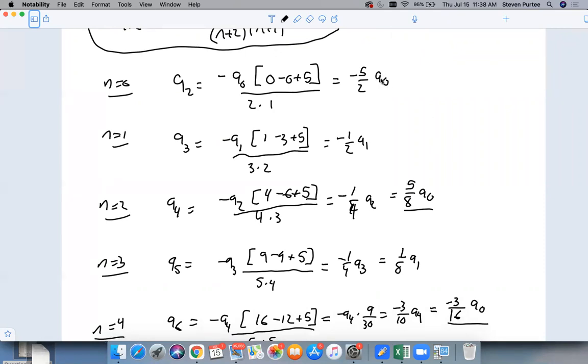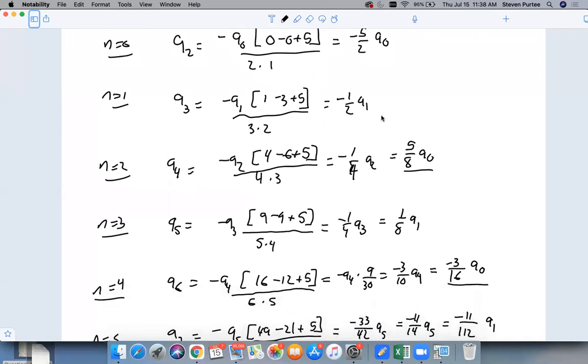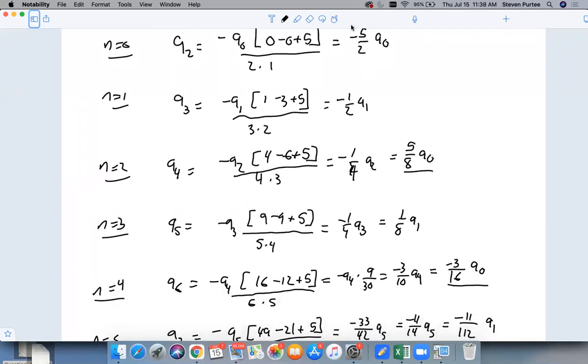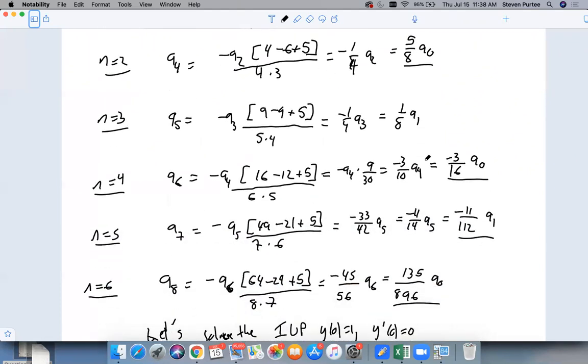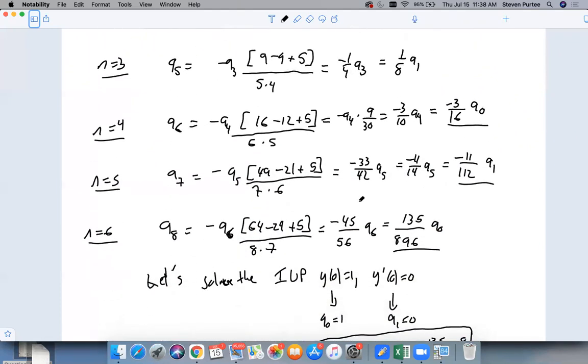Remember, you have to keep going until you get back to A0 or A1. Everything will depend on A0 and A1. We only have two free parameters. So negative 1/4 times negative 5/2 is positive 5/8 A0. And so forth. I kept going all the way up to A8.